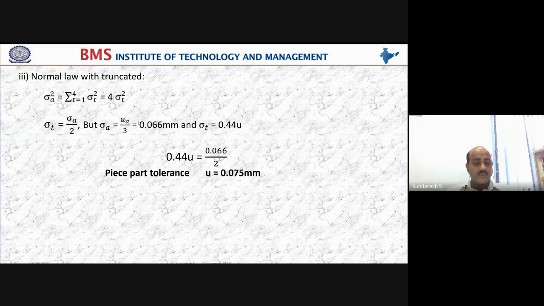So U is 0.02, divided by 3, which you are going to get 0.006 millimeter, and sigma t is equal to 0.44 times U. So 0.44 times U is equal to 0.066 divided by 2. So you will get U value equal to 0.075 millimeter. So this is how we solve this problem.